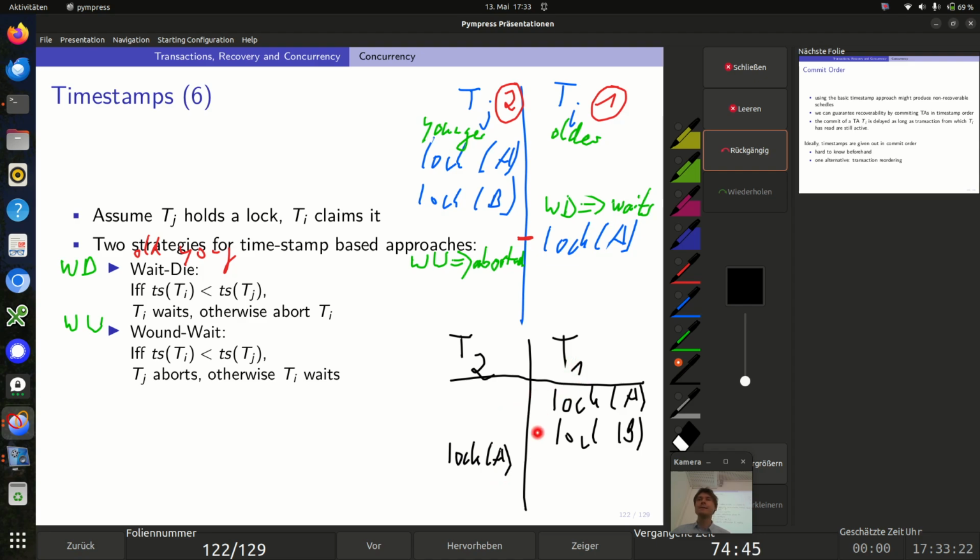Yes, exactly. With wait die, now this is the younger one, and this one wants to acquire a lock held by T1. With wait die, this one would be aborted. And with wound wait, it would wait.